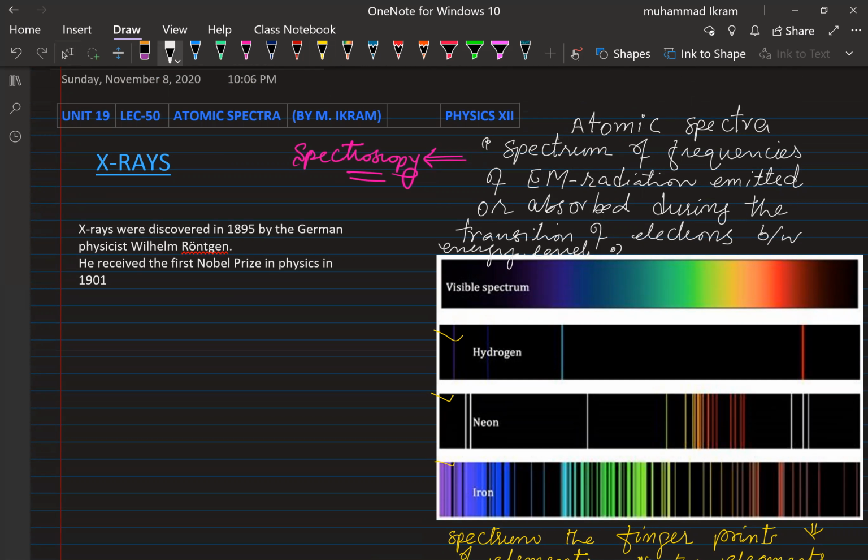Now, what are X-rays? X-rays were discovered in 1895 by the German physicist Wilhelm Röntgen, and this was a remarkable invention. This is why he got the Nobel Prize for this invention in 1901.